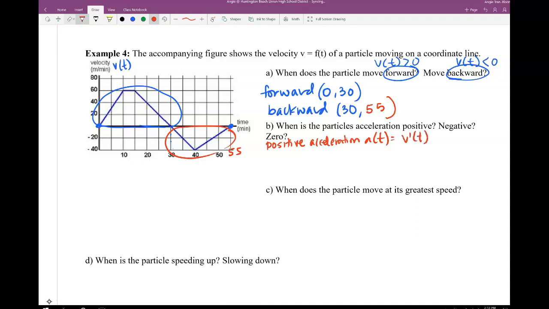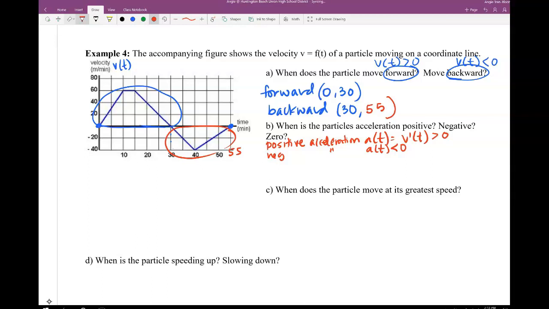Positive or negative? Positive, right? Okay. And then when is it a negative acceleration? When a of t is less than 0. And when it's 0, then when it is 0. Okay, when the derivative is 0.